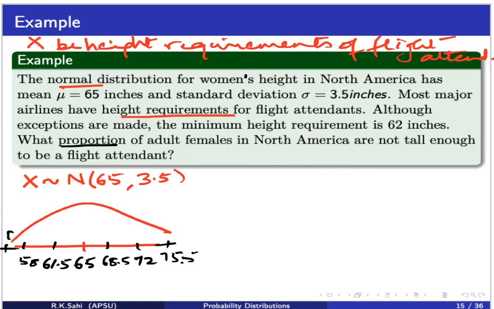So I'll just write this here, 54.5. Okay, so if you've written down that normal distribution, you've made a little sketch of a normal curve here.